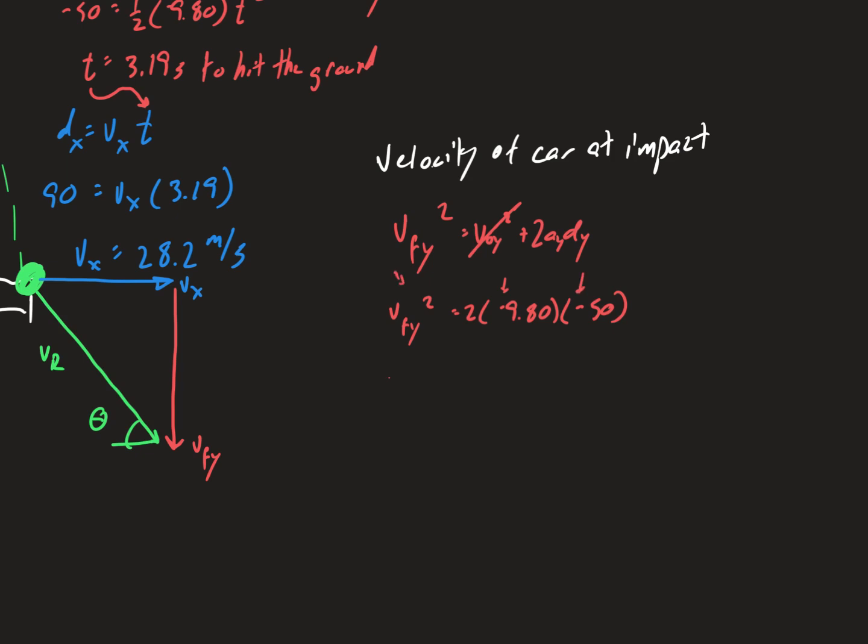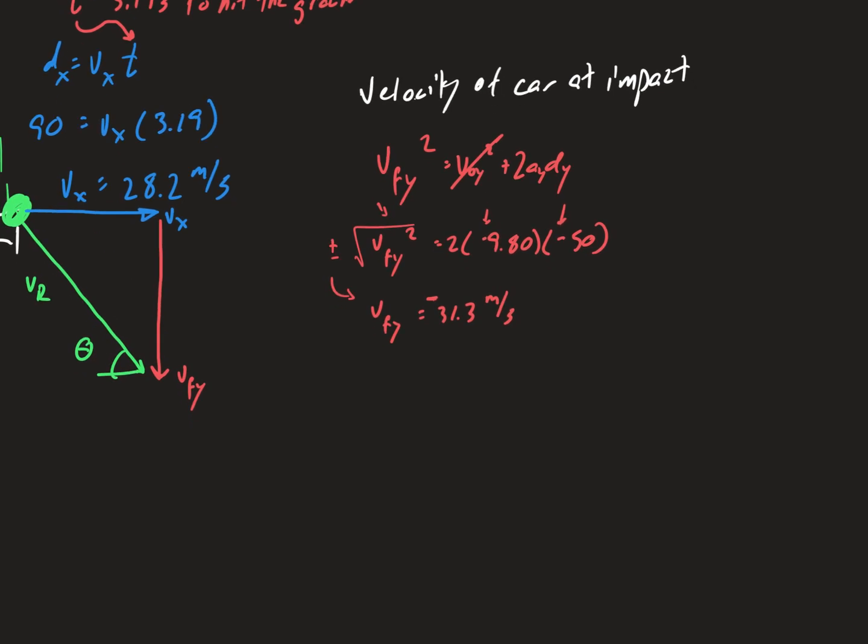So the final velocity in the y direction ends up being 31.3 meters per second, but it's in the down direction, so I'm going to put that negative here. Remember, when we take the square root of all that, we have to make sure we have the plus and minus, and understand which way that's pointing. It's going down.